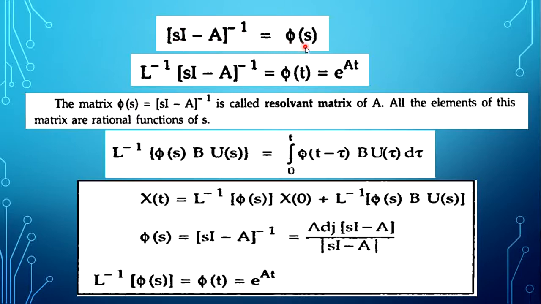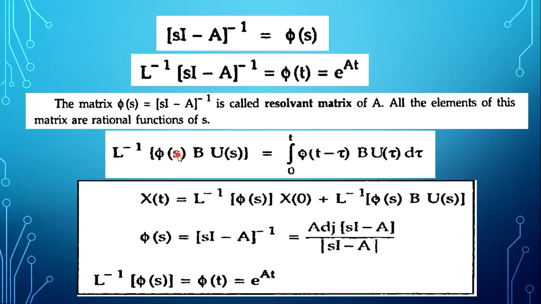Then L inverse of (sI minus A) inverse is phi of t, which is equal to e to the power At, the state transition matrix.